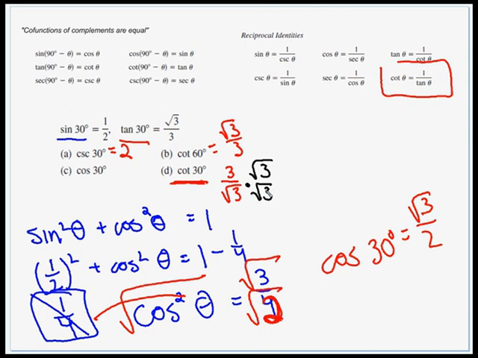So we rationalize by multiplying by root 3 over root 3. And we will get in our numerator 3 square roots of 3. And root 3 times root 3 is the square root of 9, and the square root of 9 is 3. And then you might notice that these are going to cancel. So we're just left with simply the square root of 3. So the cotan of 30 is the square root of 3.